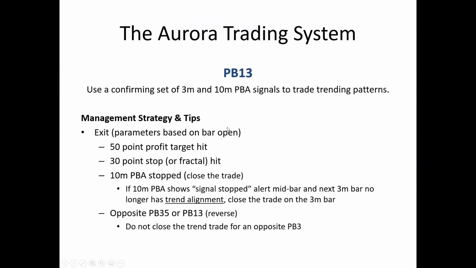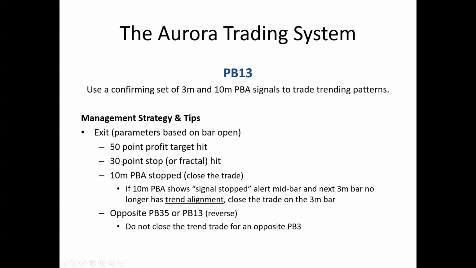So let's talk about the exit, because the exit strategy and the management of exits is a little different for PB13s than it is for PB3s and PB35s, which are the catch trades. In PB35s and PB3s, we're looking for 10 points of profit. In PB13s, we're using a default profit target of 50 points, but there can be a lot that happens between your entry and potentially 50 points, and we want to make sure that we are managing it appropriately.